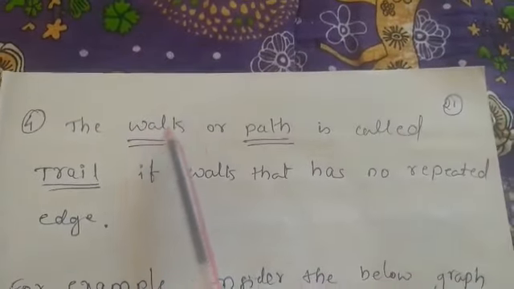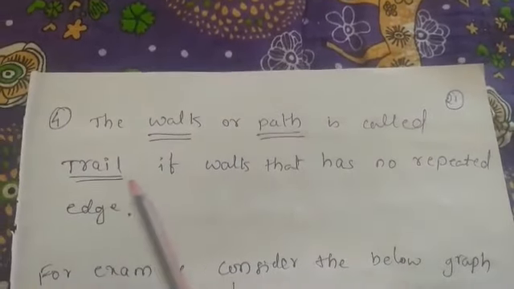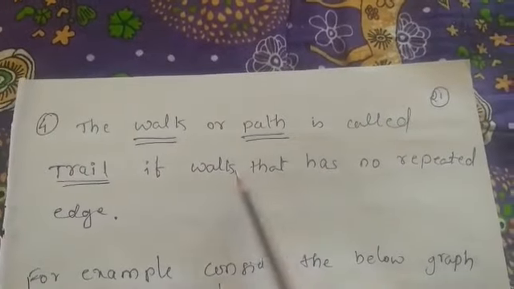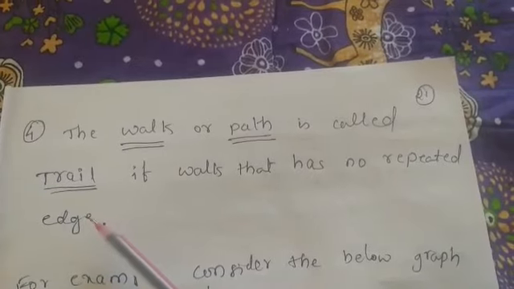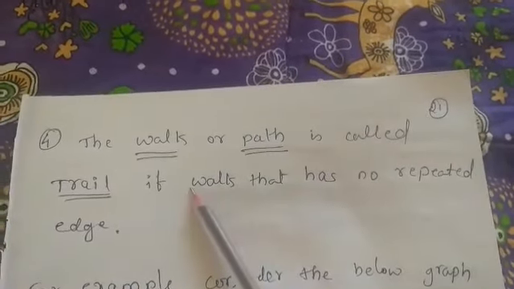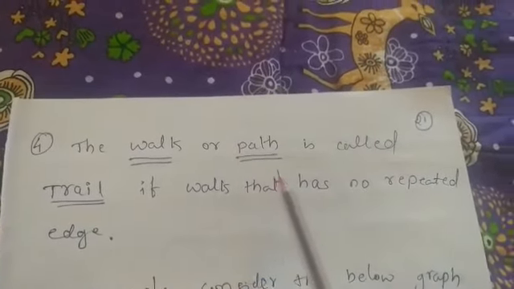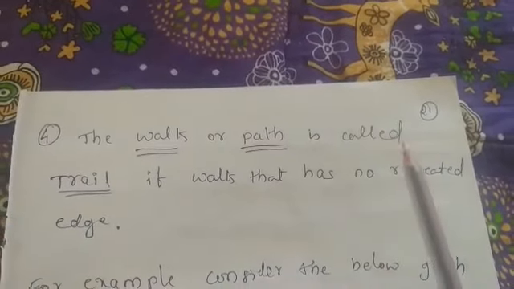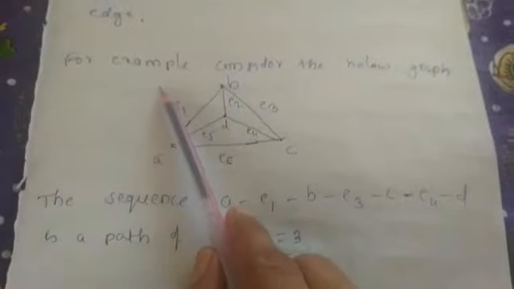A walk is called a trail if it has no repeated edges. In the definition of a walk, edges or vertices may be repeated, but a walk is a trail if it has no repeated edges.